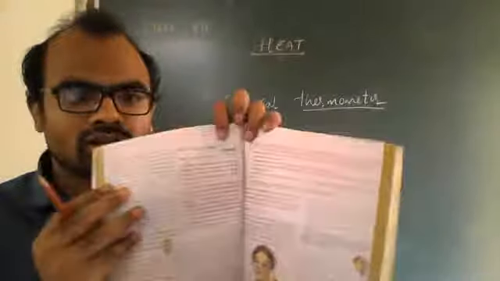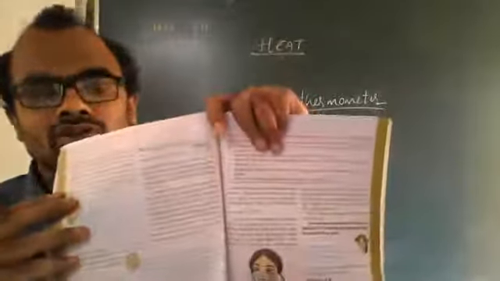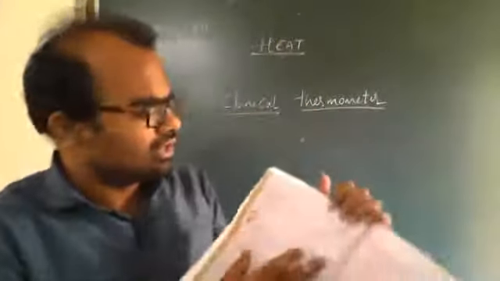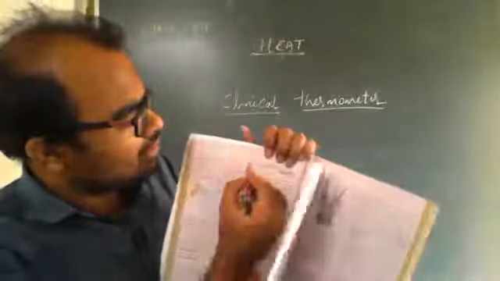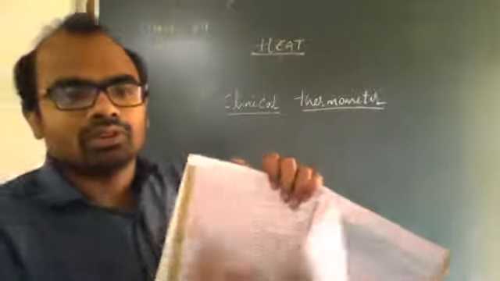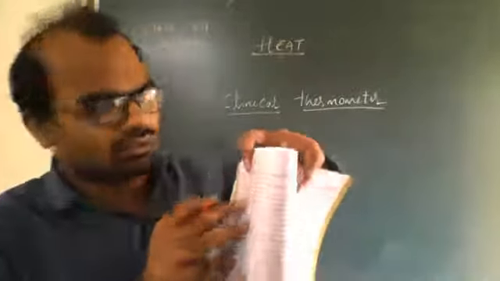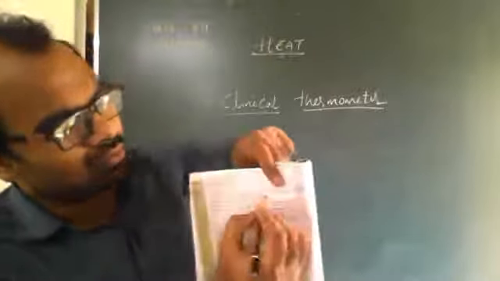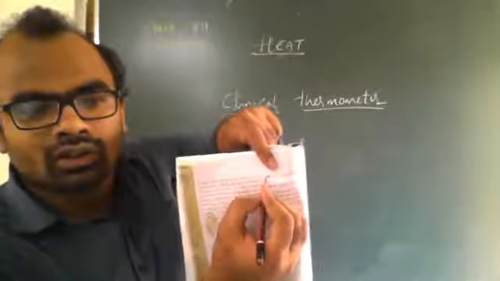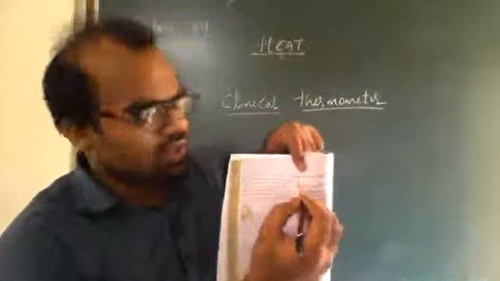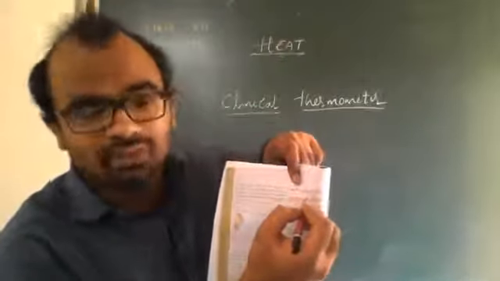I hope you are all clear with this diagram. This is the clinical thermometer. This is called the bulb, and a long narrow structure is present.